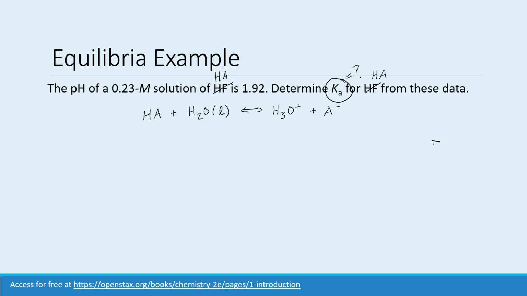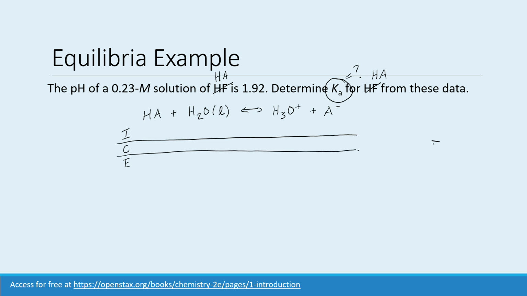I write this reaction out so that I can form an ice table. Remember that the I stands for initial, C for change, and E for equilibrium. Because water is a liquid, we can ignore that section since we're not going to need it for the equilibrium expression.